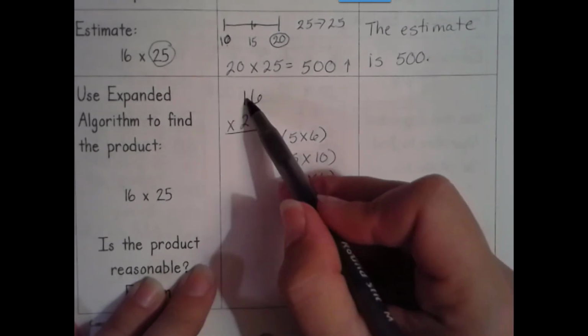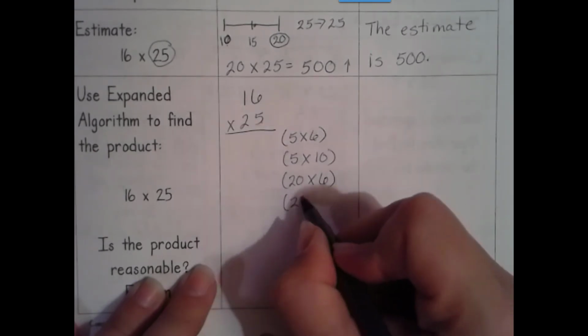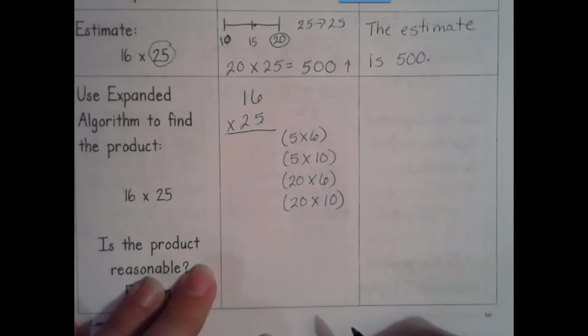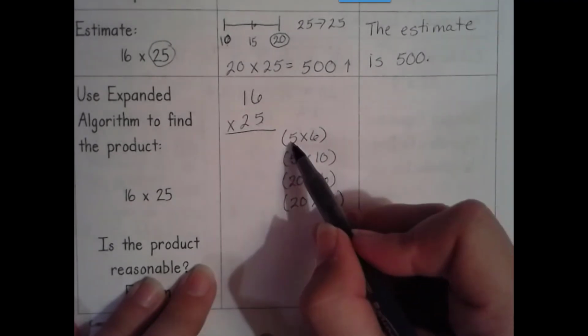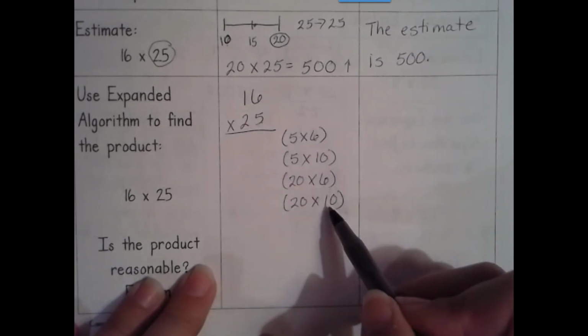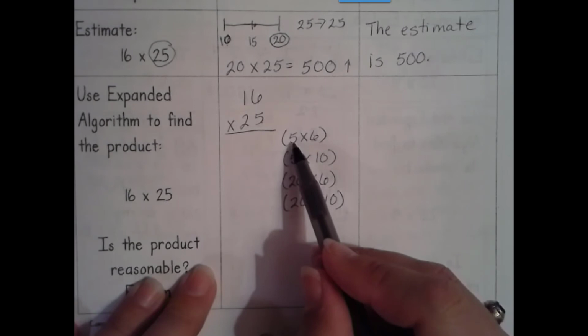And 20 groups of 10. Now that I have done the break apart, got that distributive property done, I'm going to actually multiply.